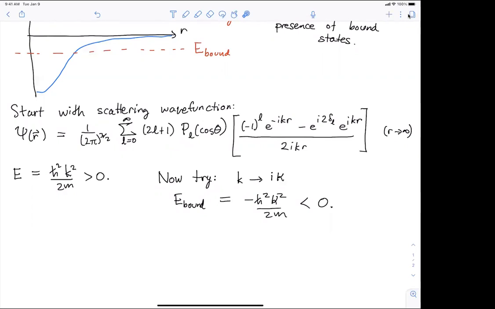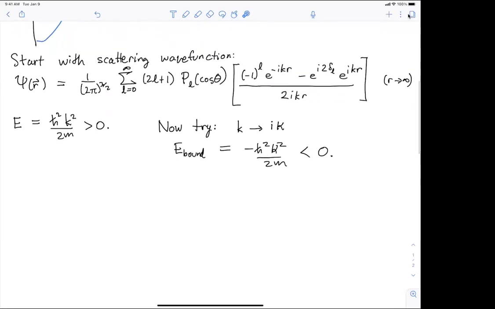And we know that a spherically symmetric potential commutes with the Hamiltonian, commutes with the total angular momentum, and therefore there are common eigenstates of energy and angular momentum. And so we could use this to attempt to write down a bound state wave function for a given angular momentum.